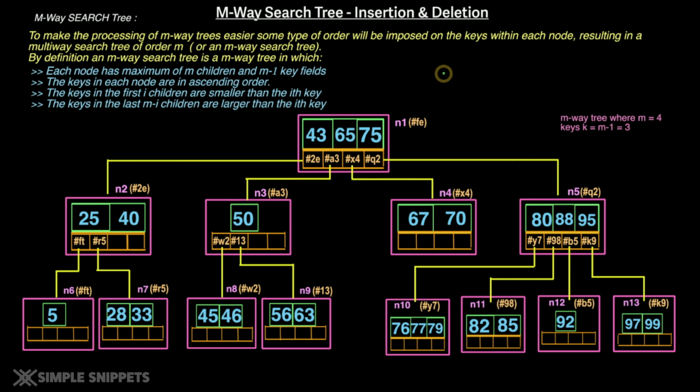Before we start off with insertion and deletion, one thing to note is that in an M-way search tree, just like a binary search tree, the smaller key values are generally stored in the left subtree of any particular key.